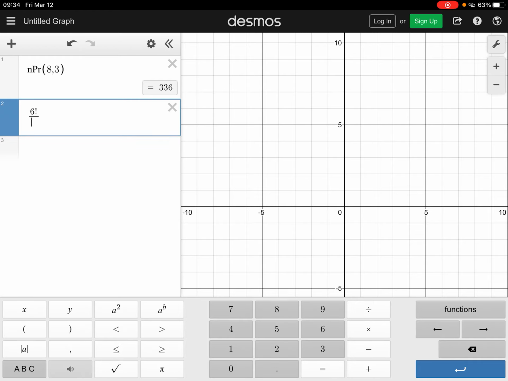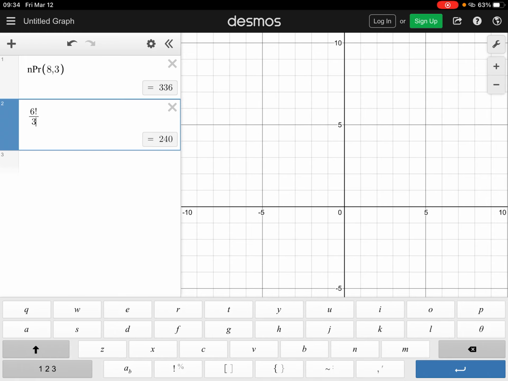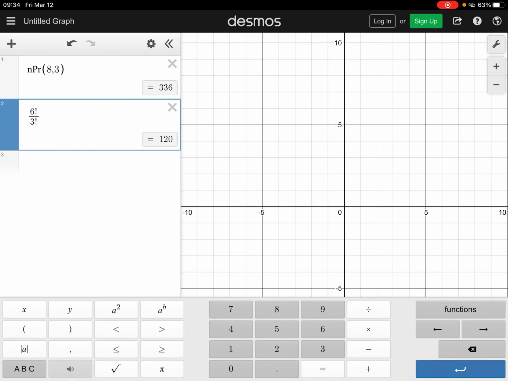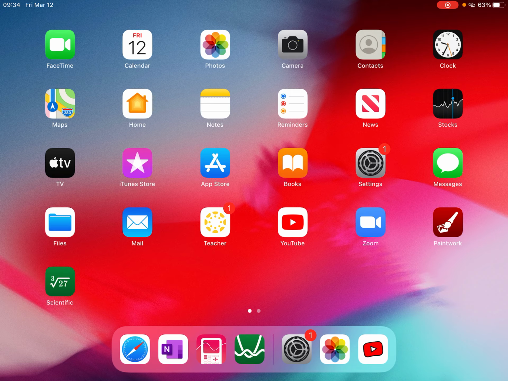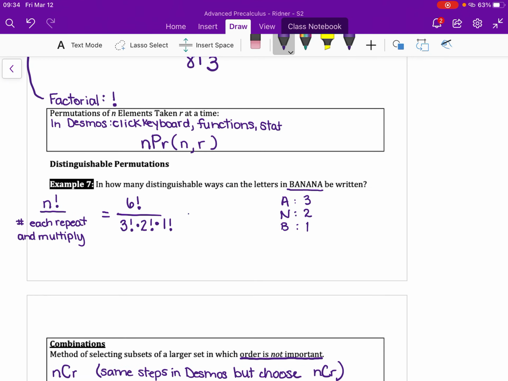So 6 factorial divided by 3 factorial times 2 factorial. So there are 60 ways to rearrange the letters in banana. Now, that is not to say that there are 60 words, because not all of those, in fact, most of them do not make words. But there are 60 different ways to rearrange them. Okay?